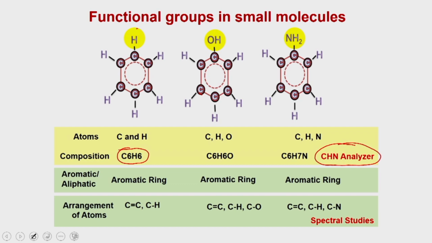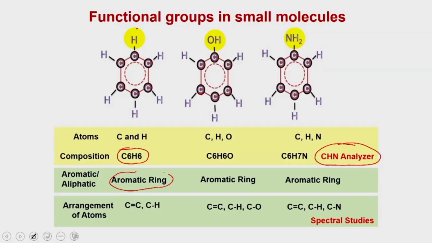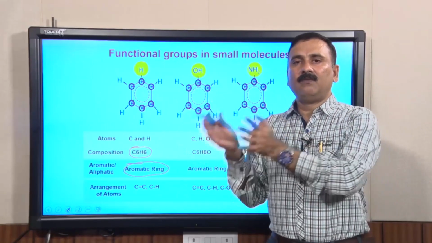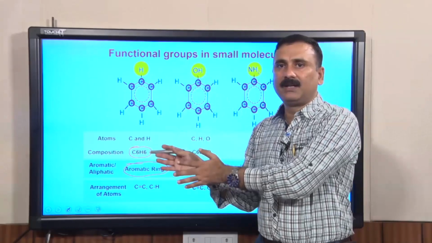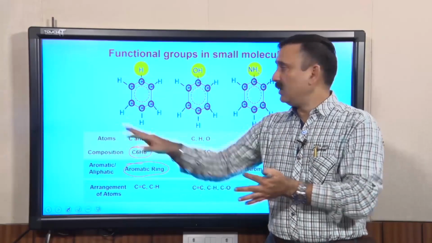Then what are you going to do? You are going to do some reactions to know whether the ring you are getting is aliphatic or aromatic, and once that says it is an aromatic compound, you can do simple IR spectroscopy or UV-visible spectroscopy of this compound.